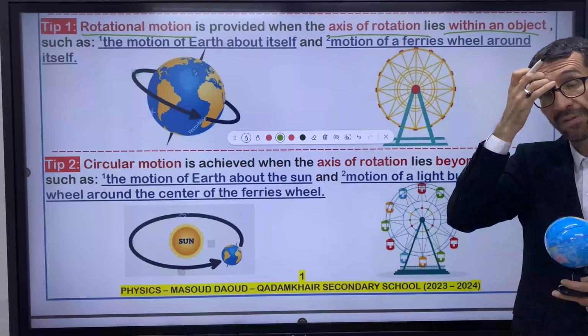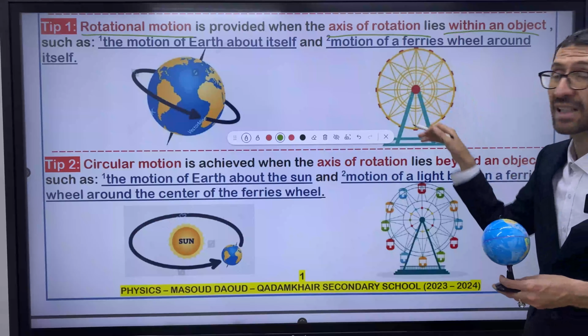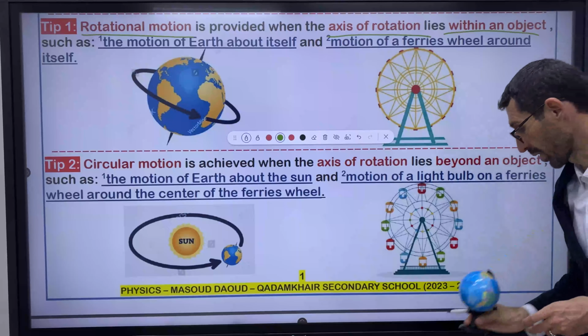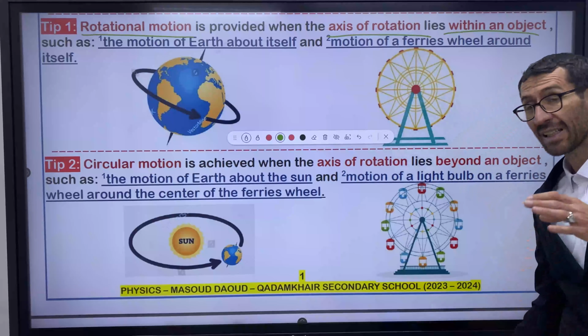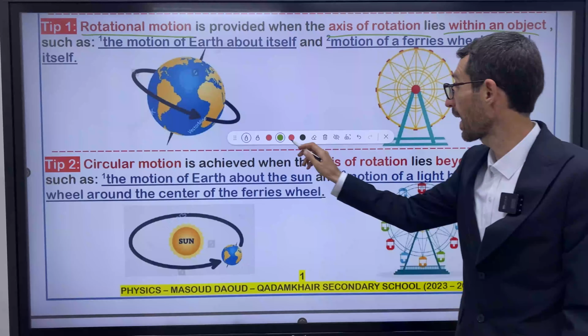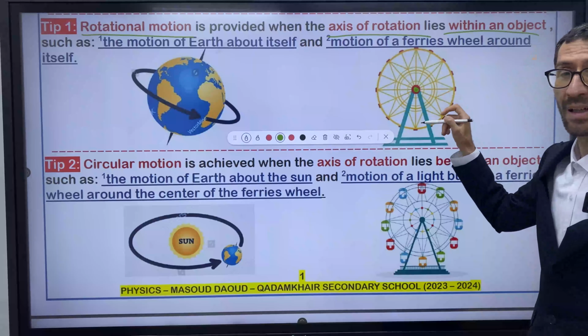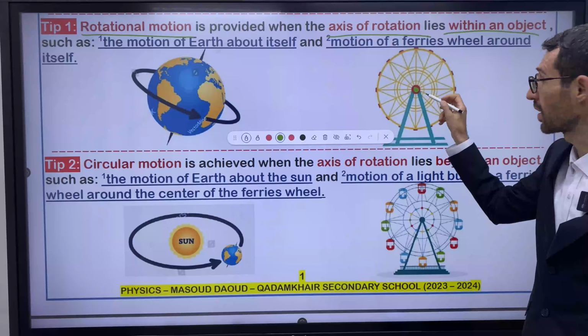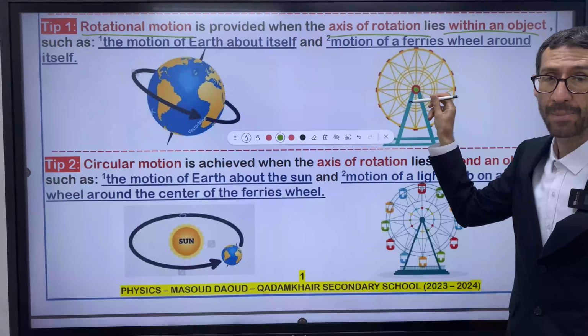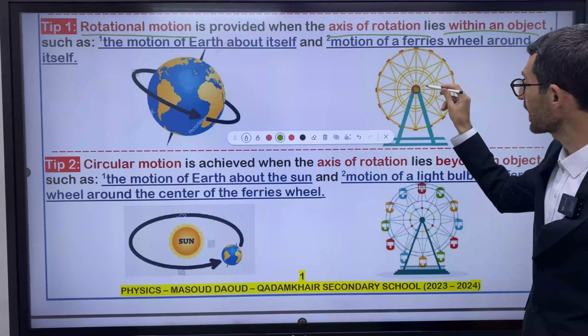So the motion of the Ferris wheel about itself is rotational motion. Can I say the axis of rotation lies within the object? Of course, it's located inside the object.